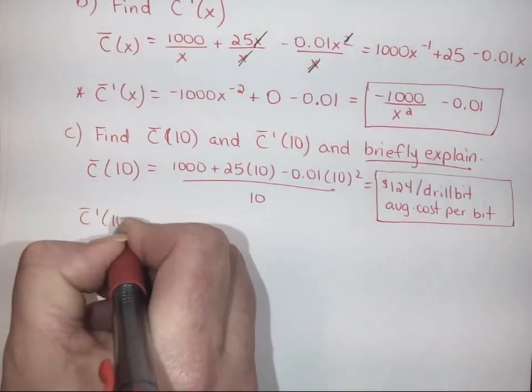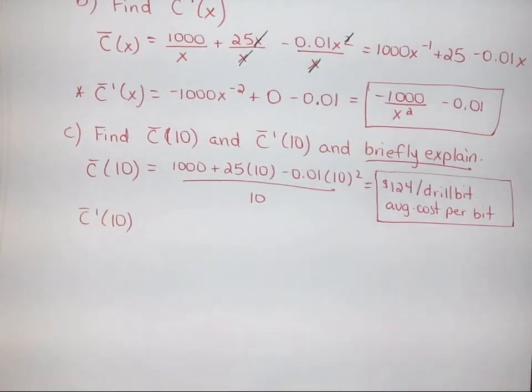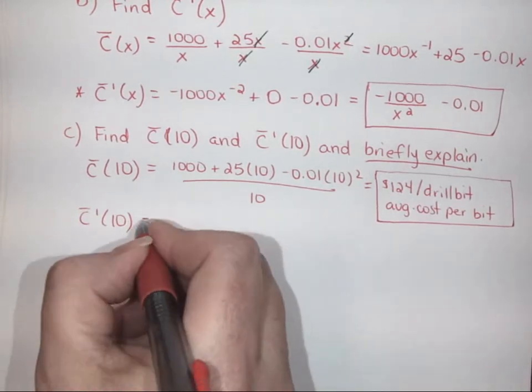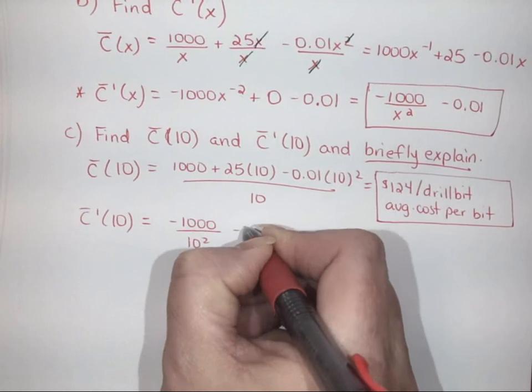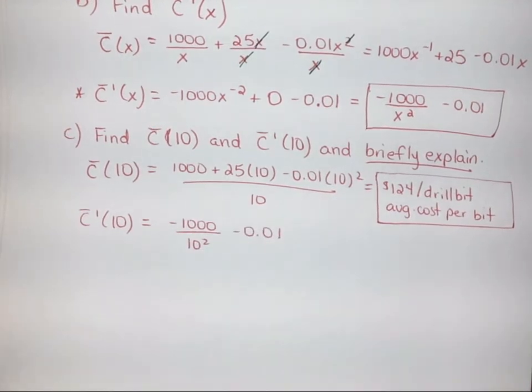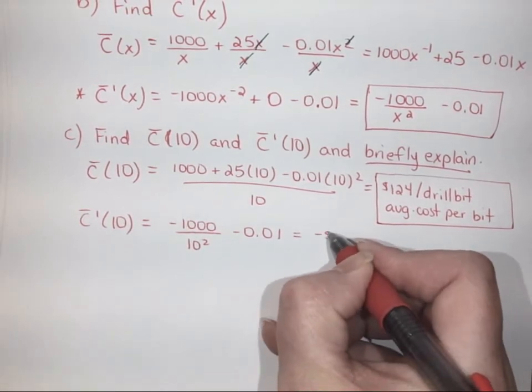So if I ask you for C bar prime of 10, that means go to part B and plug in 10 there, right? So that would be negative 1,000 over 10 squared minus 0.01. So if I do that on my calculator, notice I get a negative number.